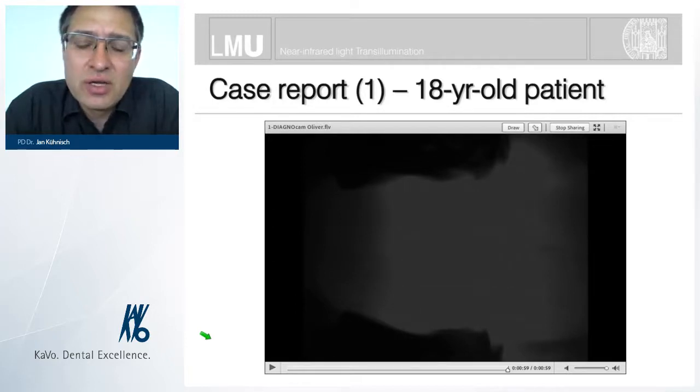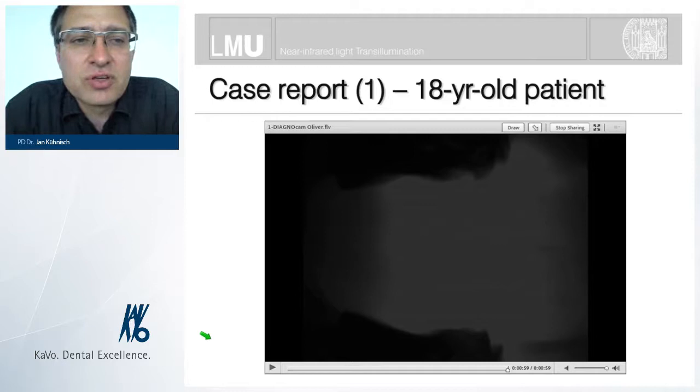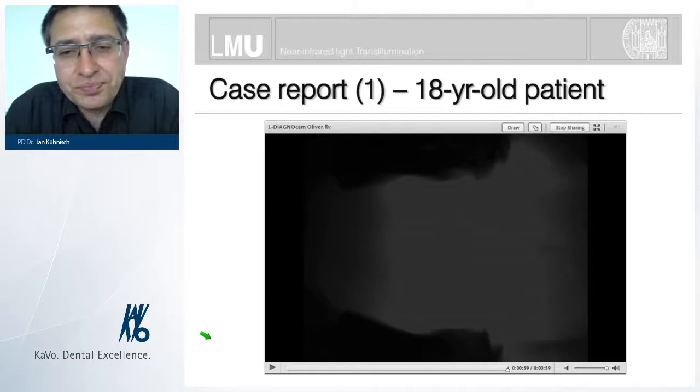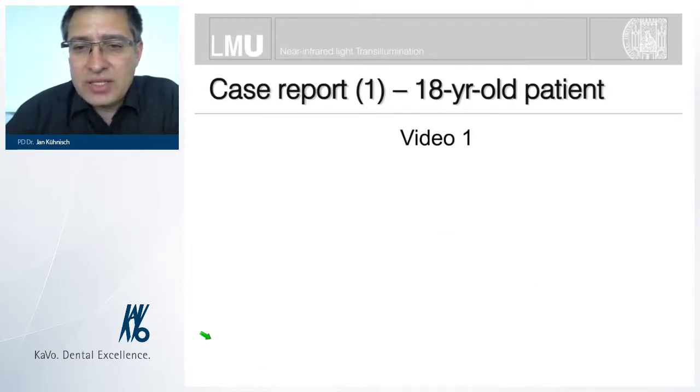And I can tell you, and this is one of the conclusions of my presentation today, that the near-infrared light became the second opinion in my eyes for caries detection and diagnostics. Okay, let's go on.